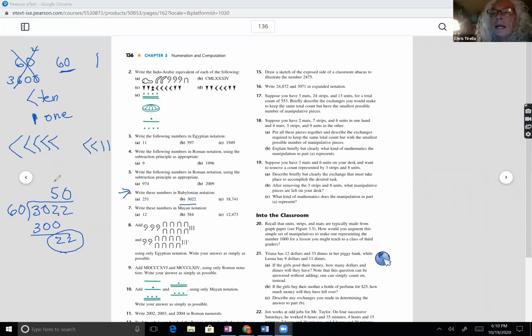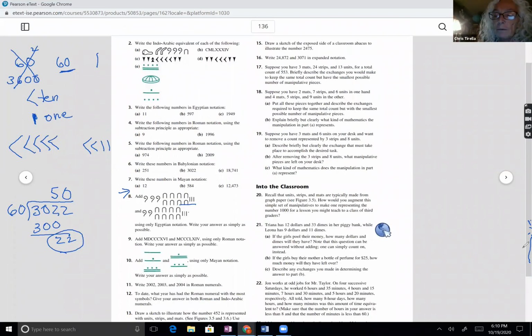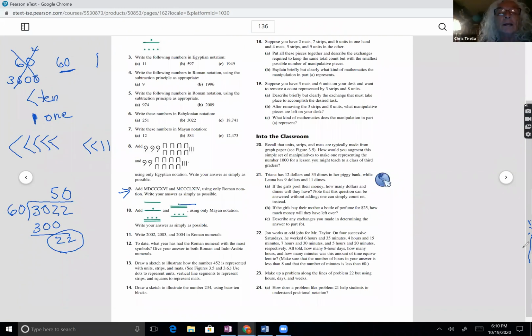The other questions that I got asked about dealt with that same idea, converting with units of 60, but instead of being in Babylonian, it was something that's much more practical, and it has to deal with the idea of time. And so this question over here, 22, in my mind is very similar to the Babylonian system, because in the Babylonian system, we moved over in groups of 60. And if I think about time, doesn't that work in groups of 60 in terms of minutes into hours?